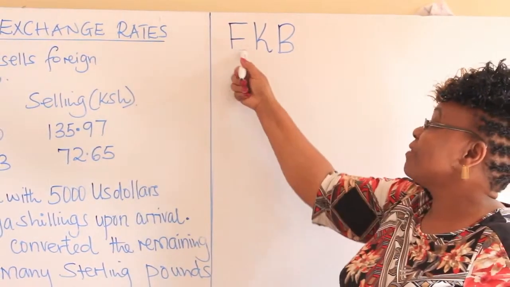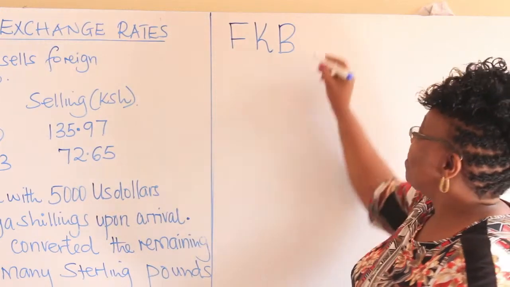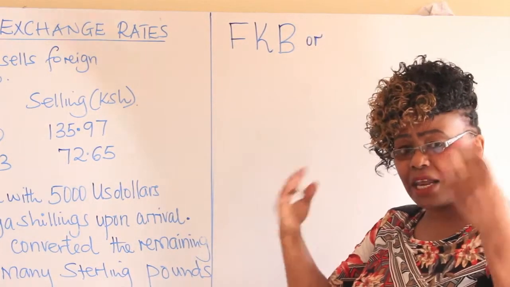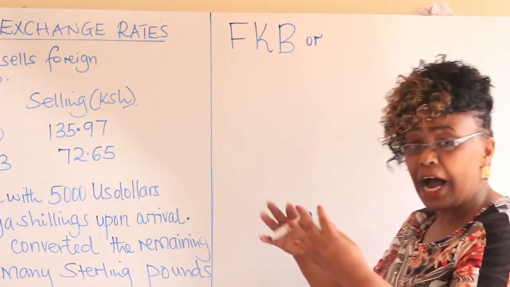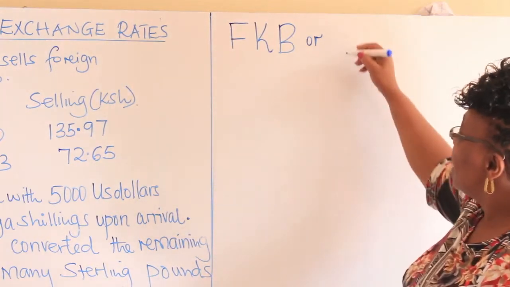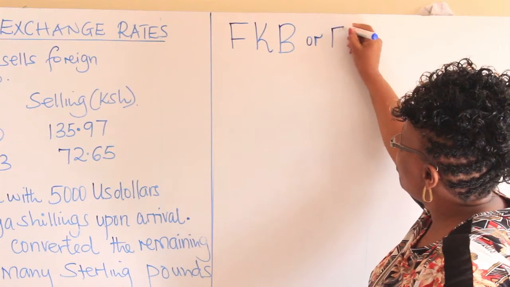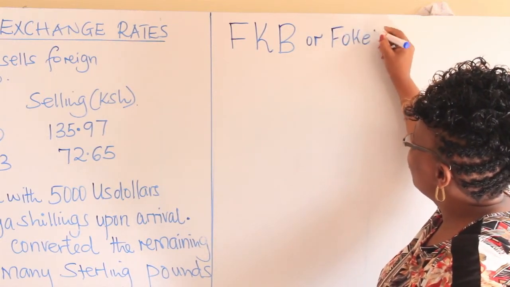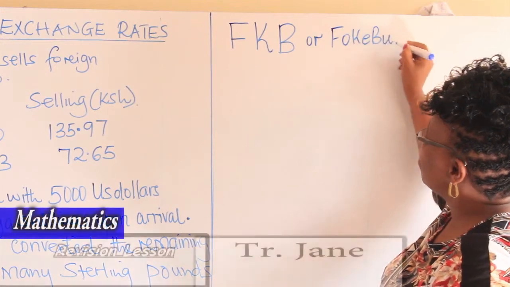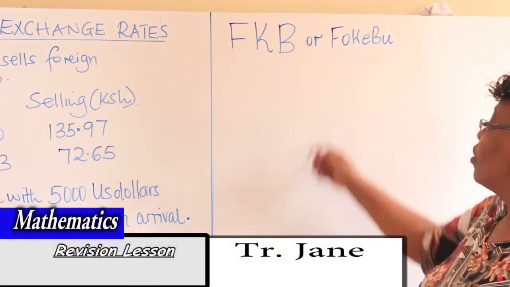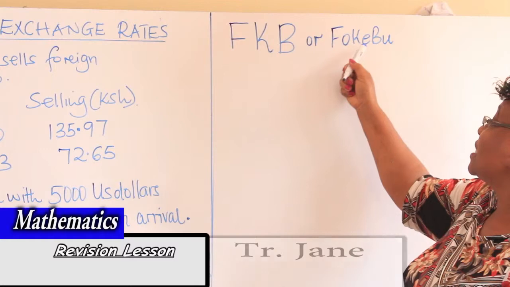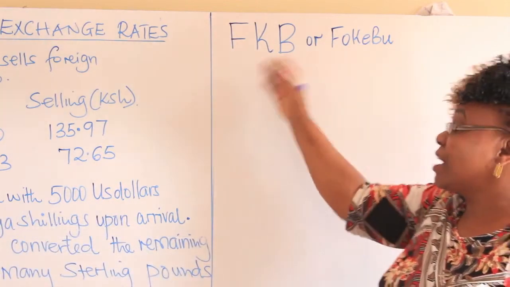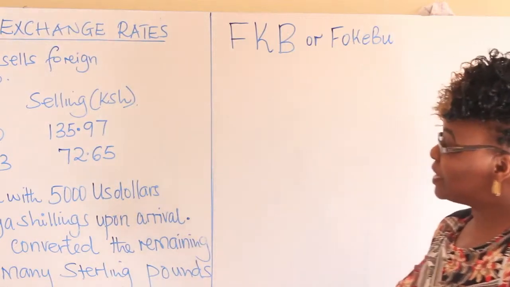We call it FKB. These are acronyms that help us to remember how to handle the problems. Some people call it 4K. Foreign, converting them to Kenya shillings, the bank buys, or FKB, whichever you find easier.